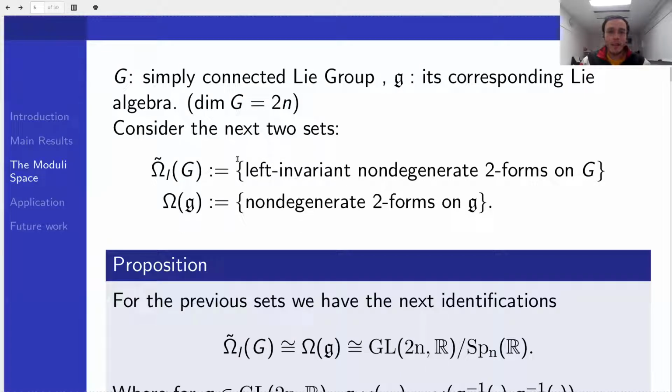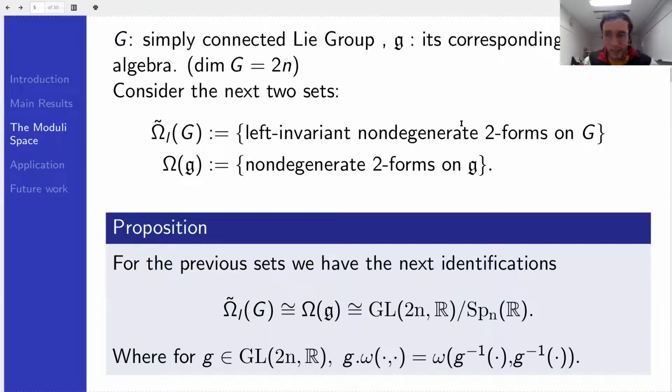Then we have these 2 sets: the set of all left-invariant non-degenerate 2-forms on G, and the corresponding set of non-degenerate 2-forms on the Lie algebra. Notice that I'm still not adding the closed condition. I'm looking for symplectic forms, but first I will study these sets of non-degenerate 2-forms.